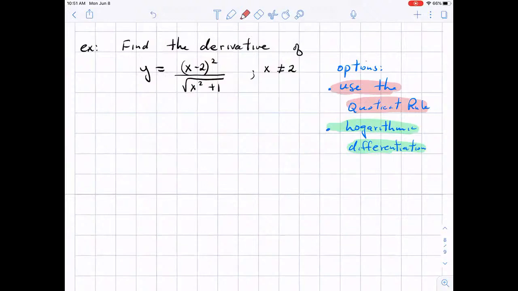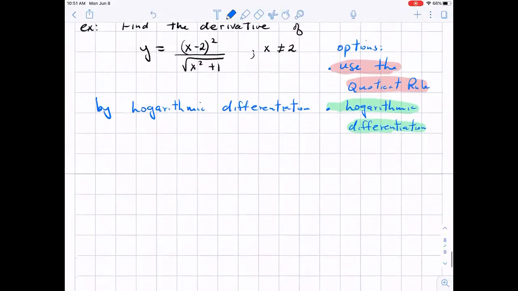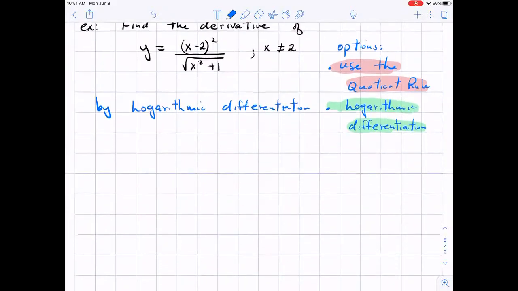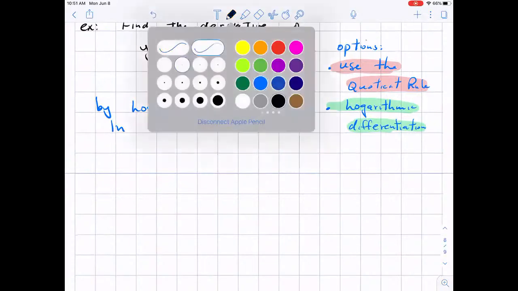So by logarithmic differentiation, what I'm going to do is take ln of both sides.